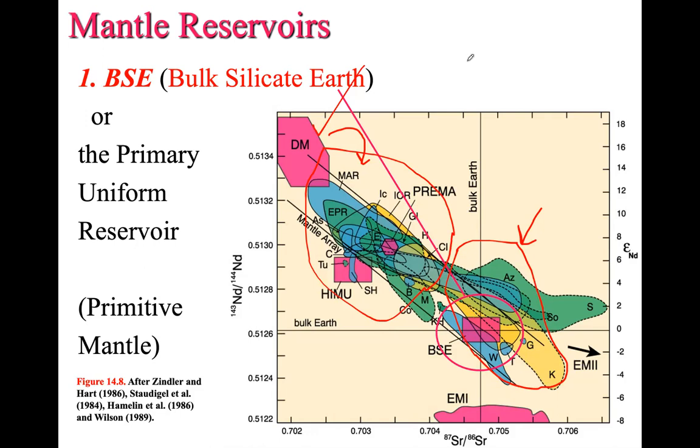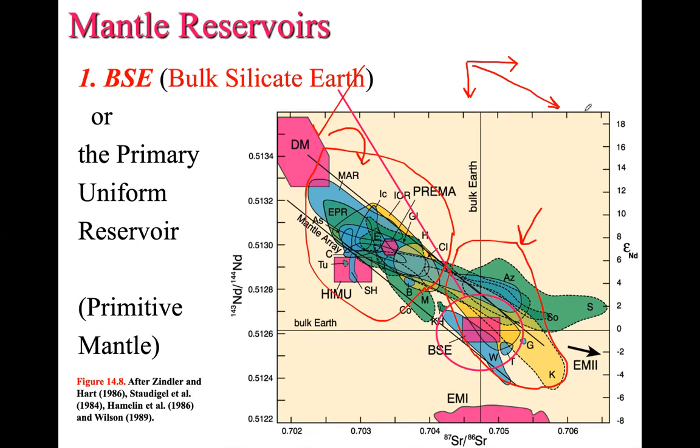So enriched composition means high strontium composition, but low neodymium composition. So enrichment in this diagram should go this way. Okay. So the depleted mantle is low in strontium isotopes, but relatively high in neodymium isotope composition.